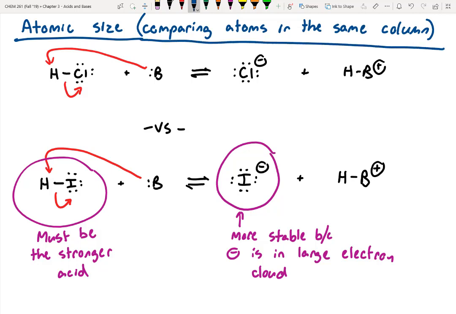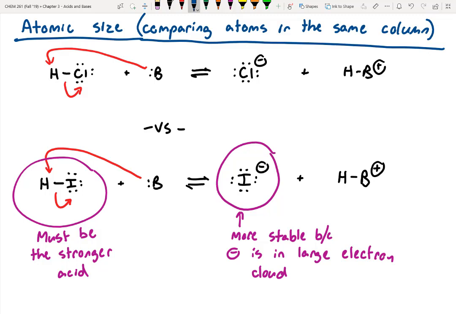Students will always ask me, what happens if they're not in the same row and not in the same column? What do you think the answer is? Get a pKa table. It's just easier to look it up at that point. Your intuition will not be very reliable if you're comparing things that are just abstractly different from one another. So this really only works if you're comparing things in the same column or same row.